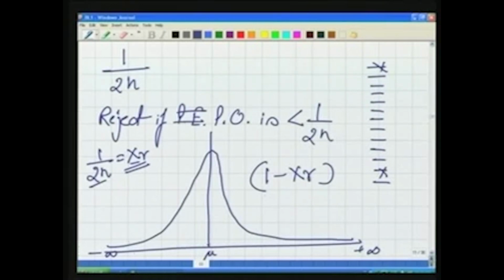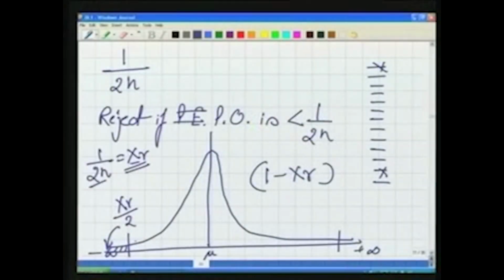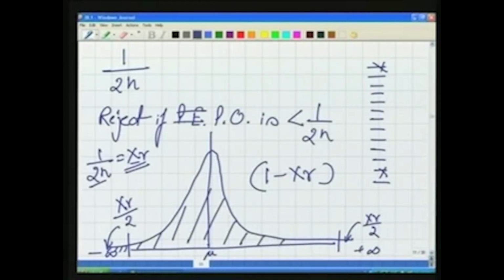What I am doing, this side is an area which is x r by 2. Do not be confused by x r as the variable at the moment. This is an area x r by 2, and here is also the area x r by 2, while the area in between, which is shaded, corresponds to this.